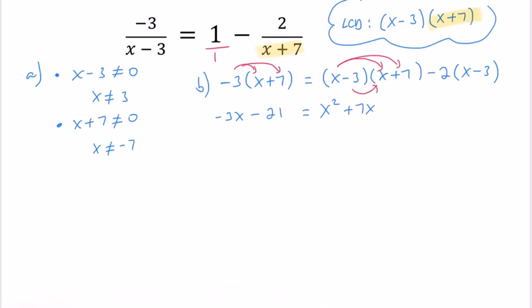Negative 3 times x is negative 3x. Negative 3 times 7 is negative 21. Multiply negative 2 in. Negative 2 times x is negative 2x. Negative 2 times negative 3 is positive 6.